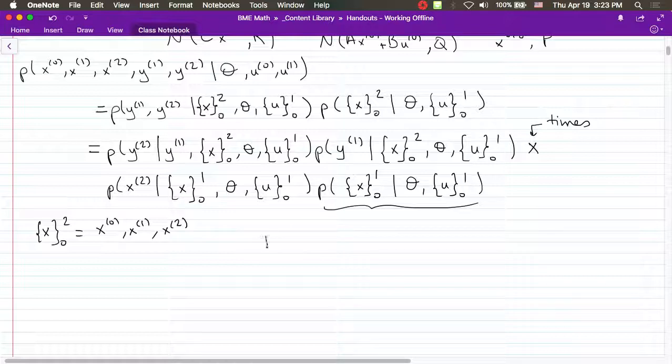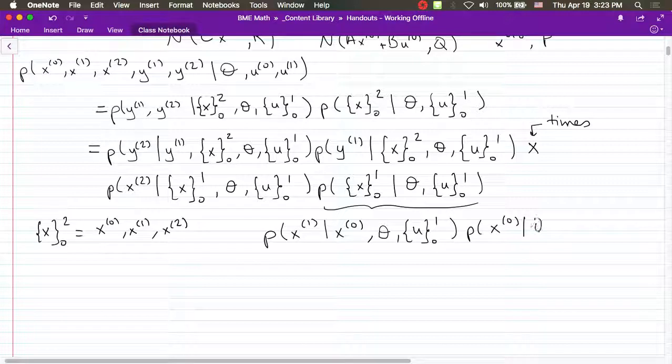So this becomes p of x1 given x0, theta, u 0 to 1, times p of x0 given theta, u 0 to 1.